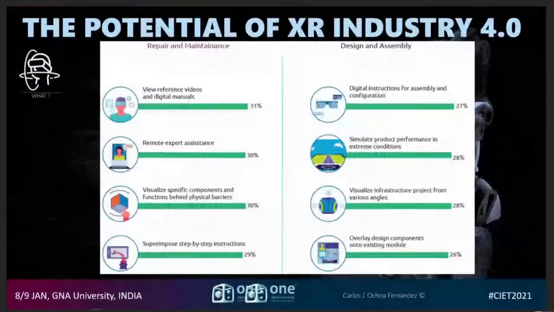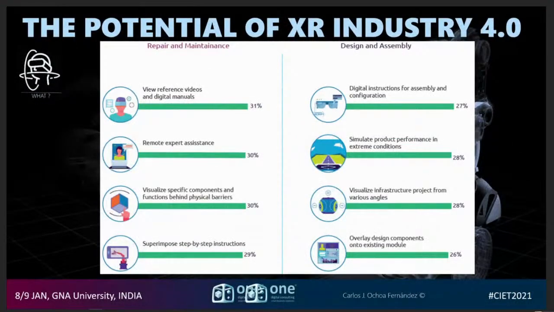So imagine the impact that virtual reality and extended reality can have in Industry 4.0. We always hear about the benefit of using this technology for training or education. But if we focus on repair and maintenance tasks or design and assembly, we can identify a lot of tasks where the benefits of applying this technology are really amazing.